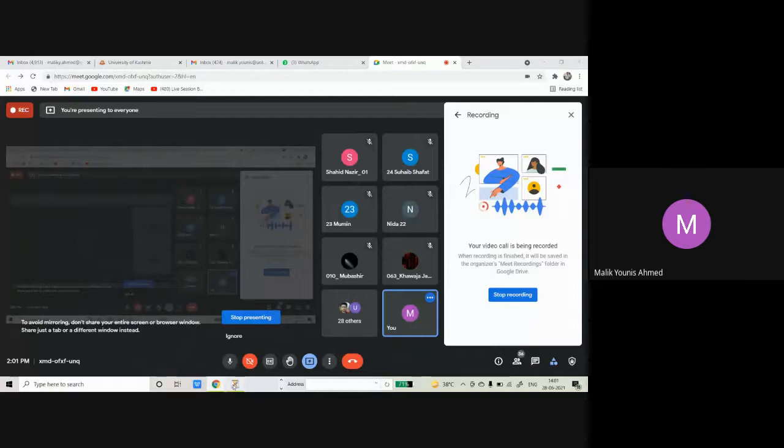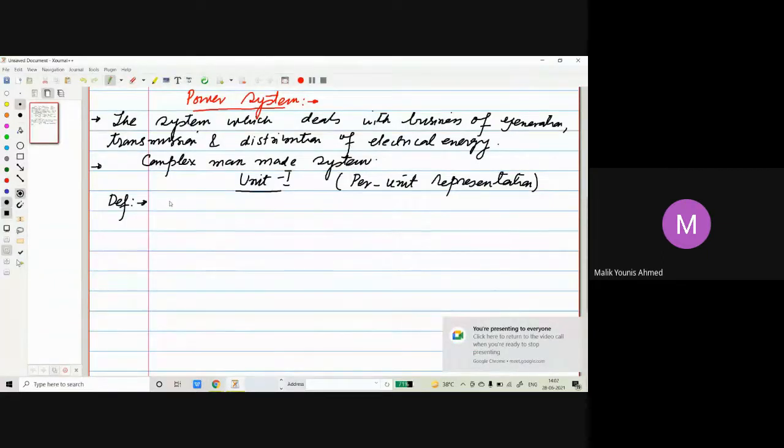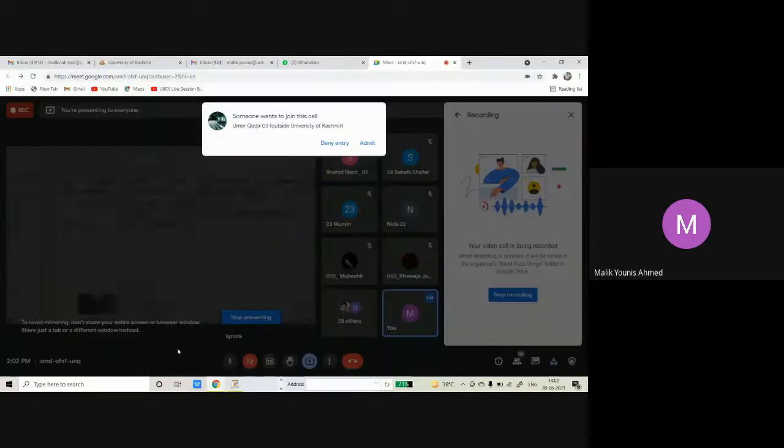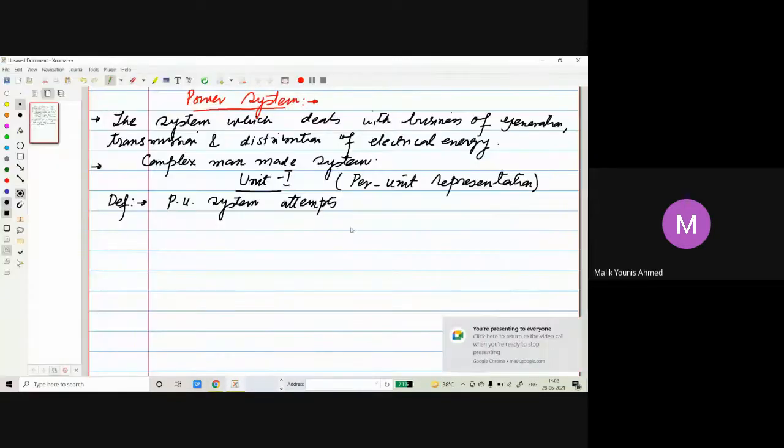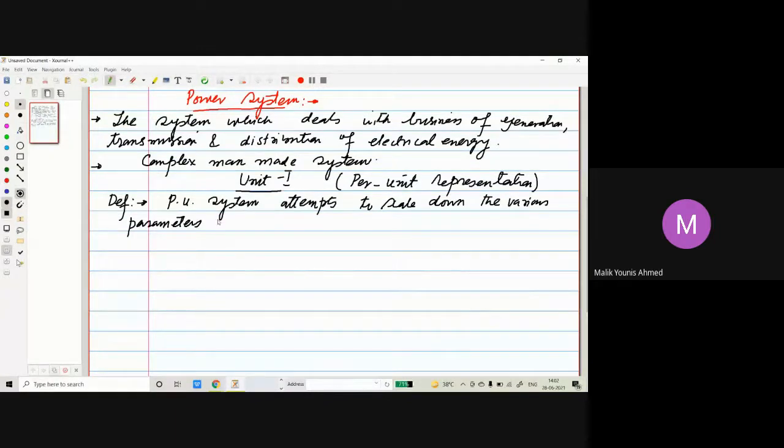So we can write that the per unit system attempts to scale down the various parameters. Out of these parameters, what can be there? They can be values of the components.